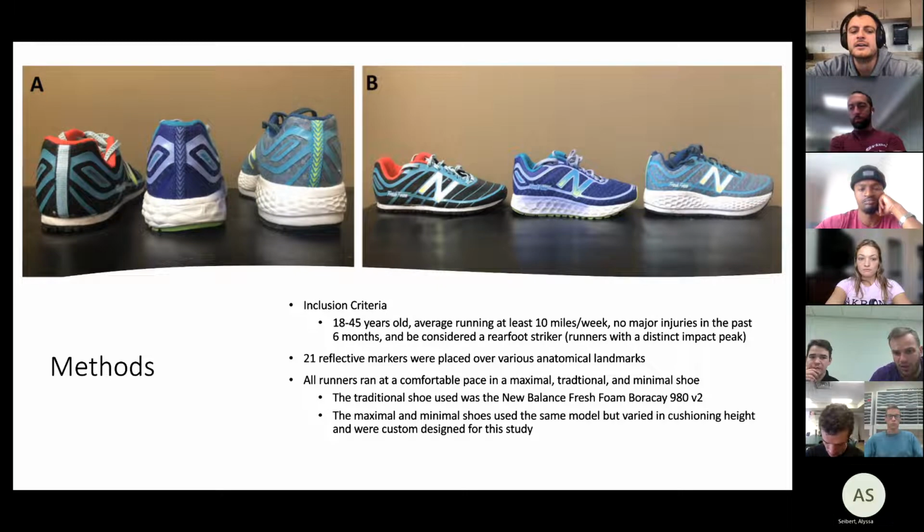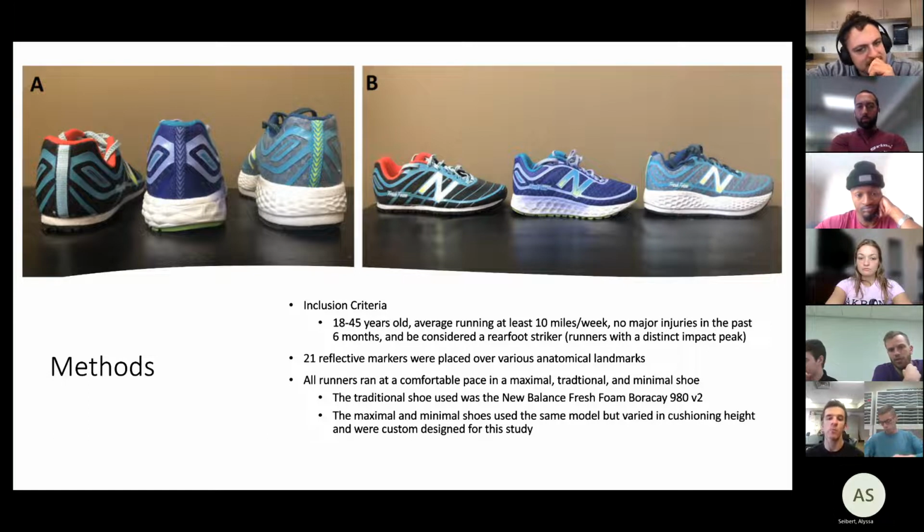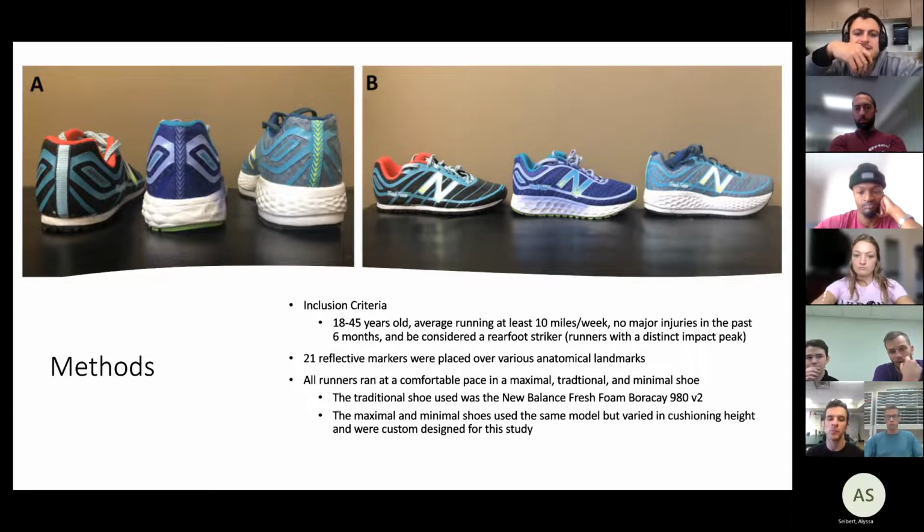So as far as methods go, they used New Balances, but the inclusion criteria to participate in the study, you had to be 18 to 45 years old, and you have to be a runner. So averaging at least 10 miles per week. So that's more than the 1 to 2 miles I run, if that, every week. No major injuries in the past 6 months, and be considered a rear foot striker.